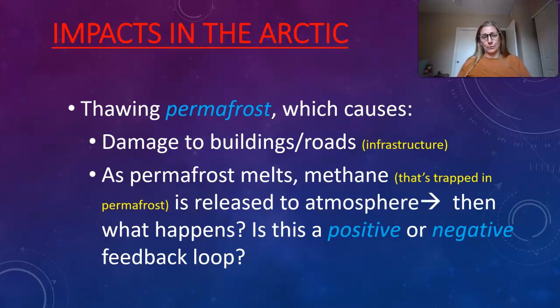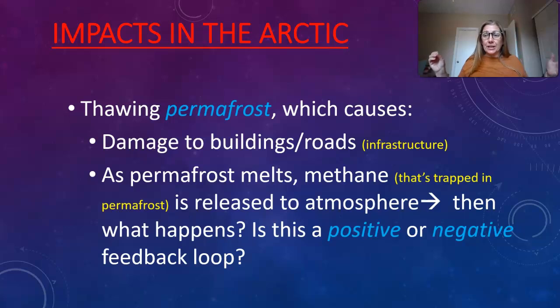A negative feedback loop will bring the ecosystem back to equilibrium or back to normal. A good non-environmental example of a negative feedback loop would be your air conditioning. You set your thermostat for, let's say, 74 degrees.